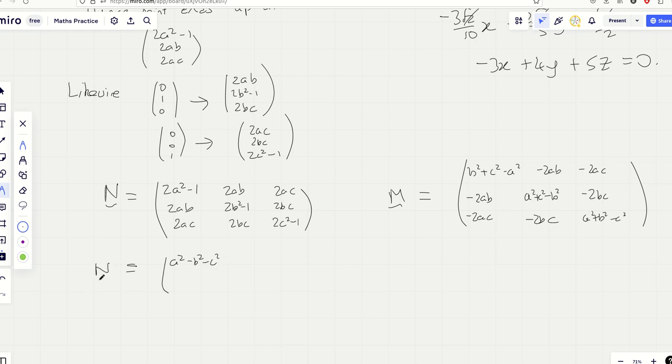This is n as well, yeah? 2ab, 2ac. It's boring writing it down again, I know. Then, yeah, b squared minus a squared minus c squared. And c squared minus a squared minus b squared. And then 2bc, 2bc. Okay, so which that equals then minus M.